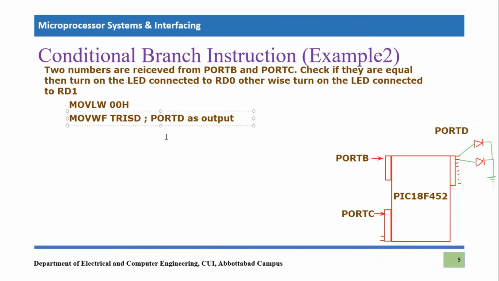Now we have to check if the number coming from port B and the number coming from port C are equal. You know that if two numbers are equal and you subtract them, the output will be zero. So we are developing a logic: we subtract one number from another.